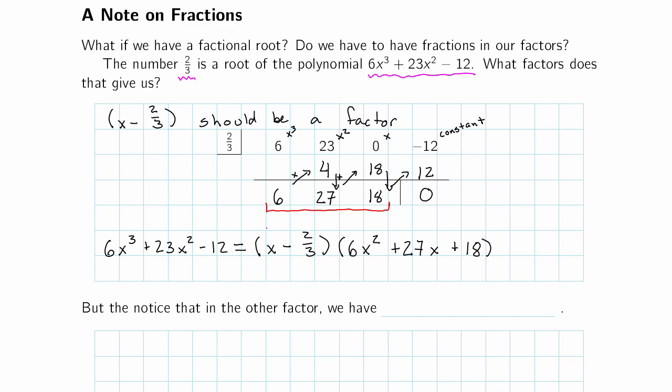Oh, but notice, look at these numbers. We have a 6, a 27, and an 18. Those numbers all have a common factor of 3.